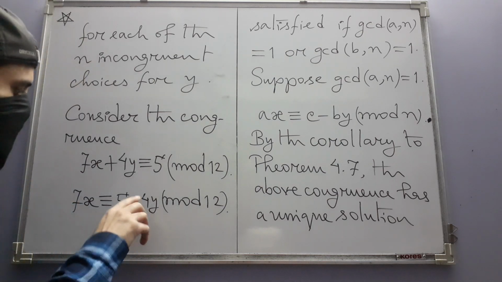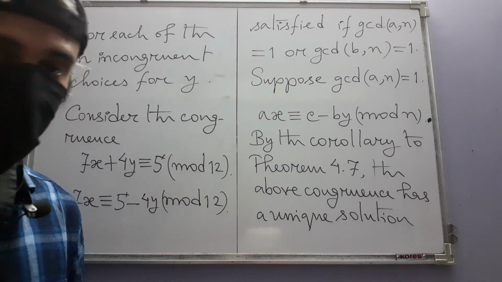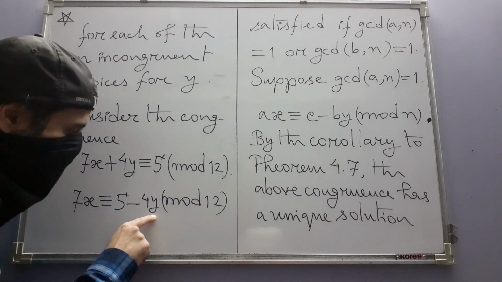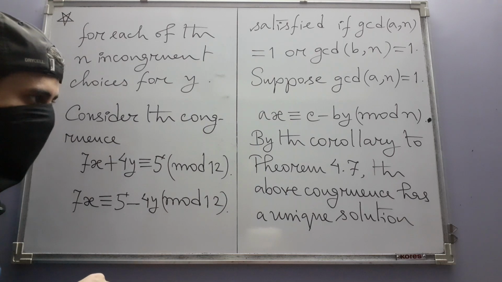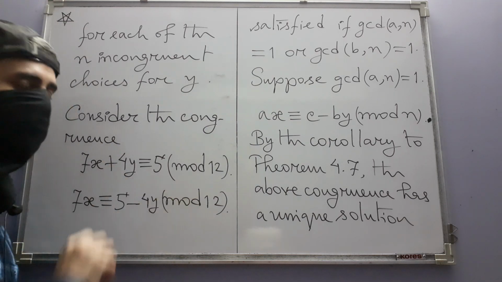So essentially he is taking y equal to 5, but I say essentially because instead of putting y equal to 5, you can also put some other integer which is congruent to 5 modulo 12.